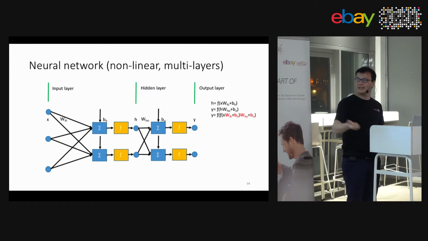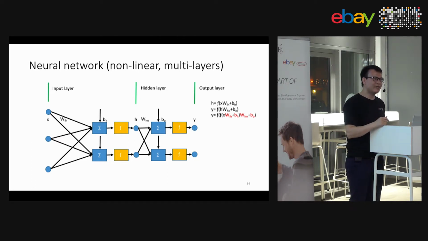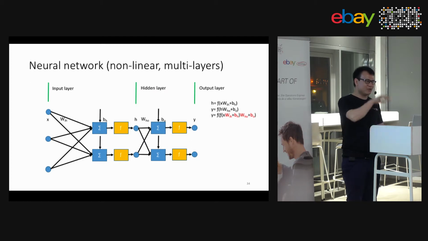When the model is trained, the values of W and B will converge. They were randomly initialized, and after training iteration by iteration, they will converge to stable matrices or vectors.